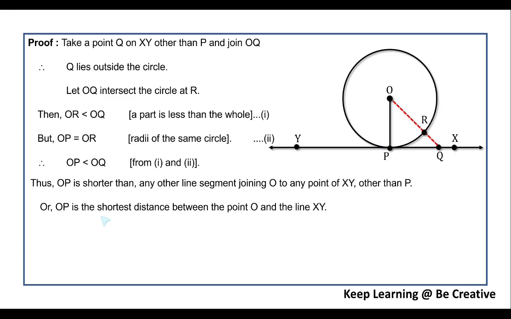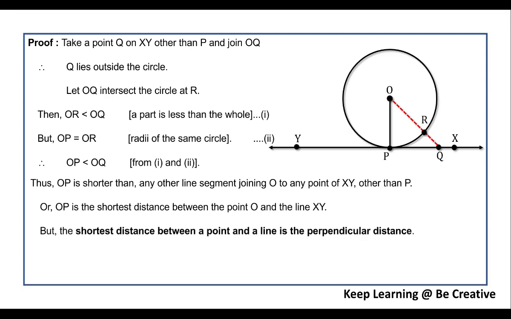Now OP is the shortest distance between the point O and the line XY. So we know that the shortest distance between a point and a line is the perpendicular distance. So what we can conclude from this is that OP is perpendicular to XY. This OP will be perpendicular to XY because this is the shortest distance from point O to the line XY. So I hope you have understood the proof of this theorem.